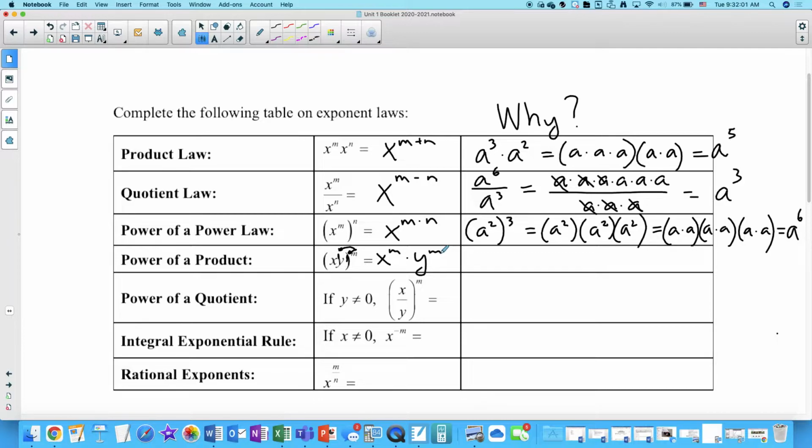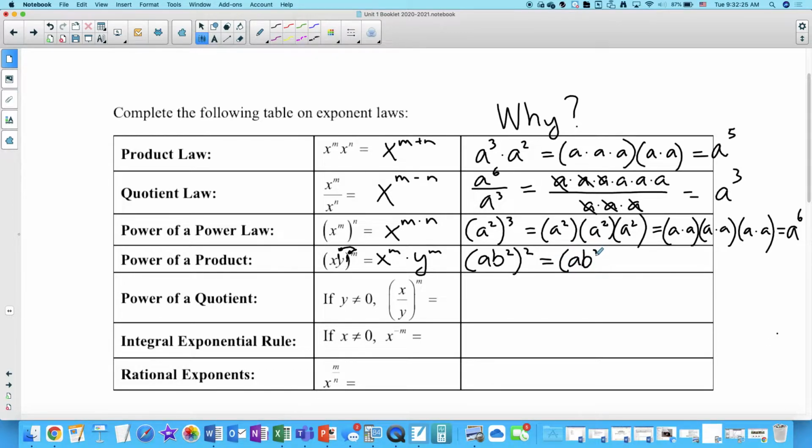So for example, if I have something like ab squared, all squared. Again, this 2 means I multiply that by itself twice. So ab squared times ab squared.